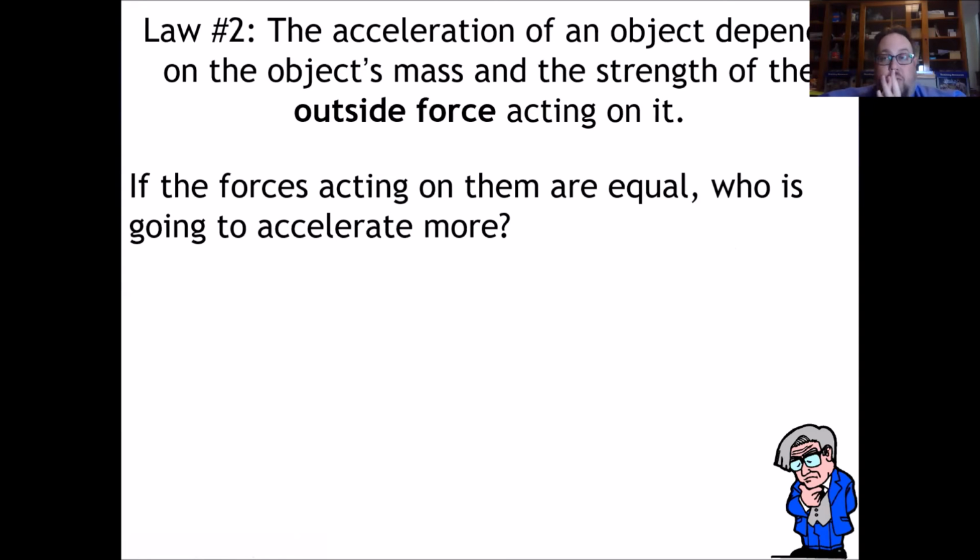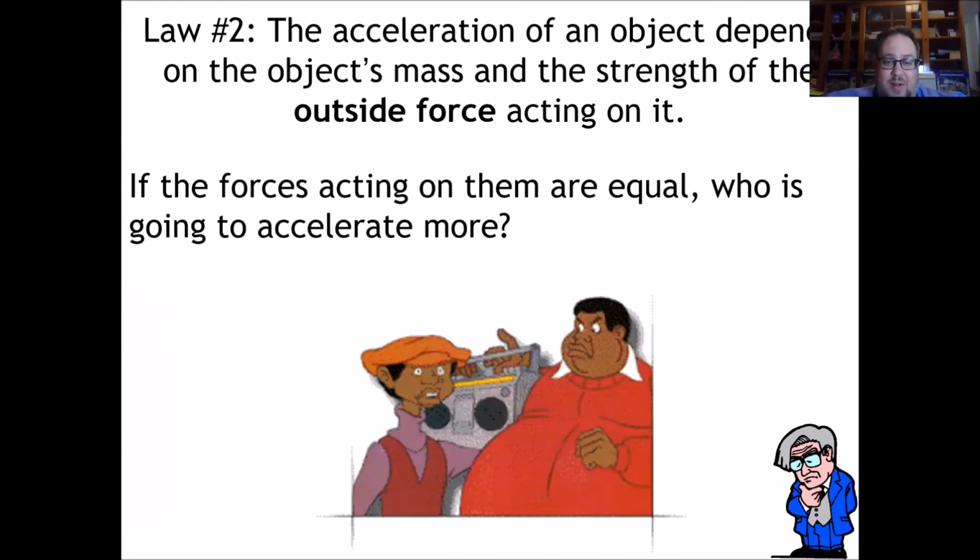In law number 2, we said that the acceleration of the object depends on the object's mass and the strength of the outside force acting on it. F equals ma. So if the forces acting on them are equal, who is going to accelerate more? Let's take a look at an example here. There was a show called Fat Albert when I was a kid, and he had a buddy named Rudy.